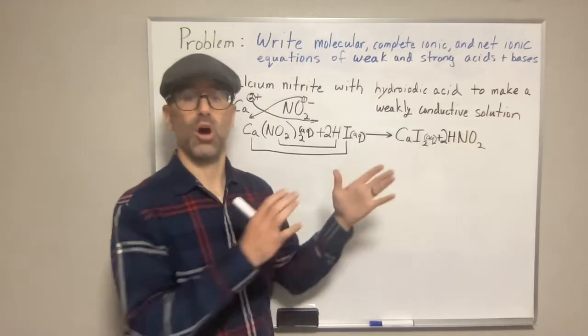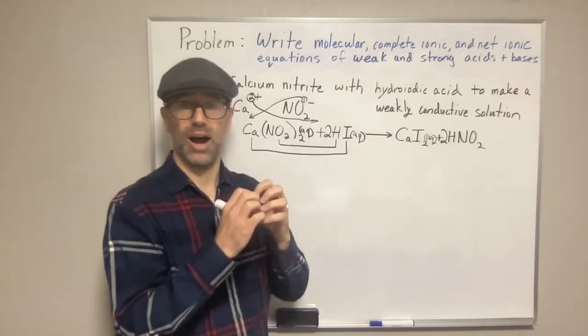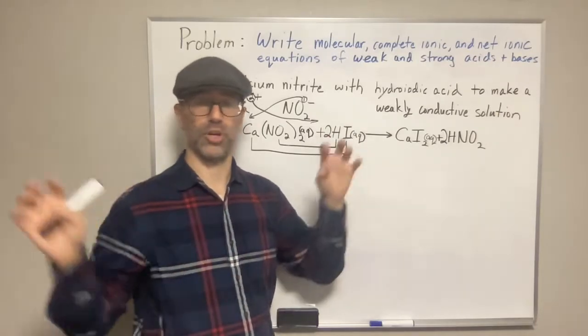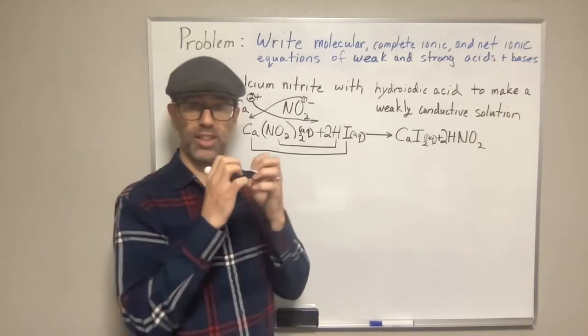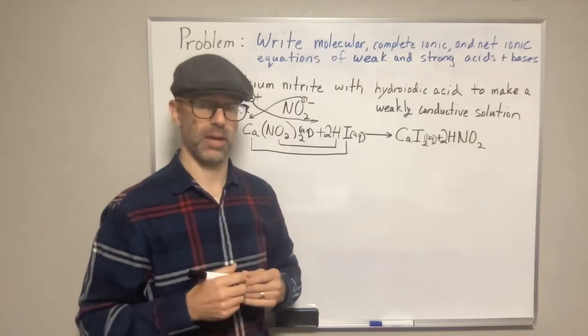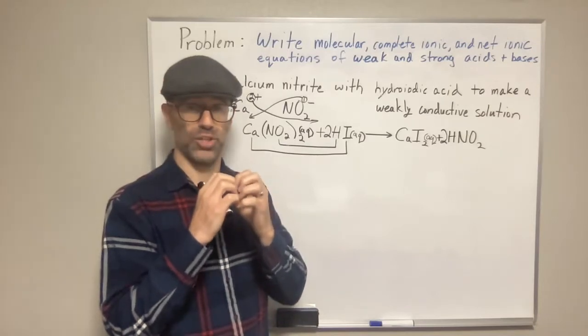A strong acid is where everything completely ionizes, the ions separate, and they're floating around. You don't have the molecule together. For weak acids and bases, very little of it will ionize or dissociate.